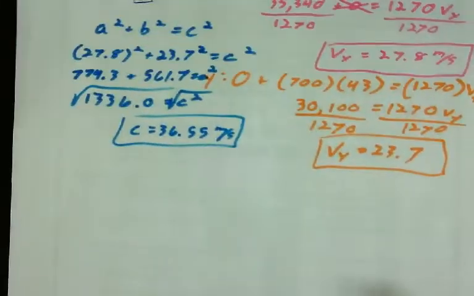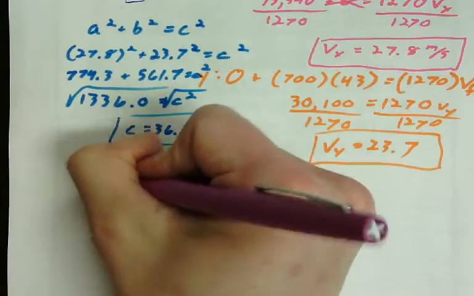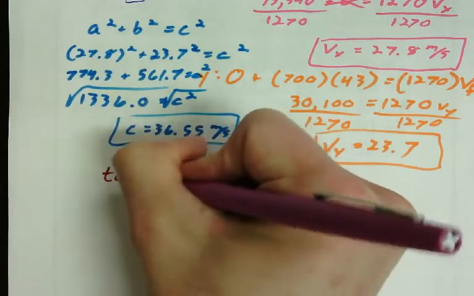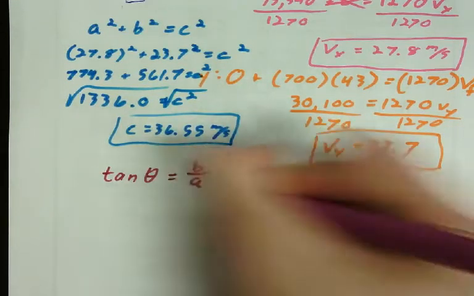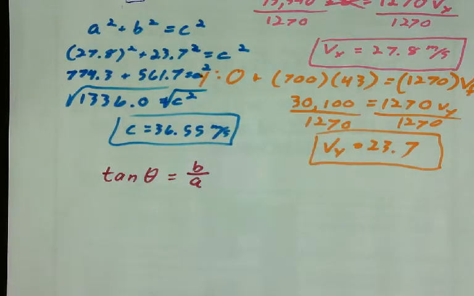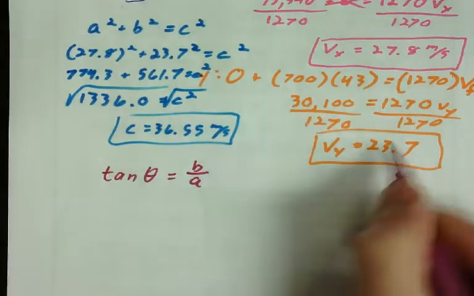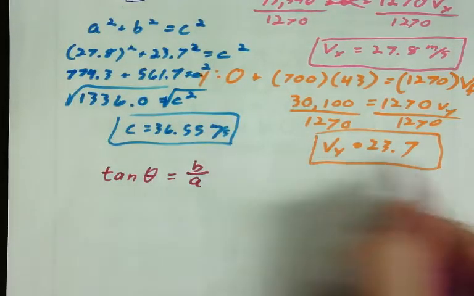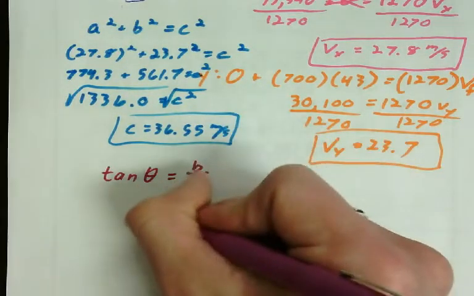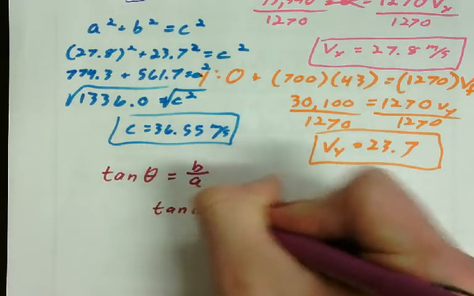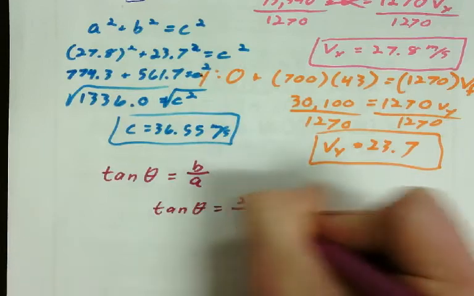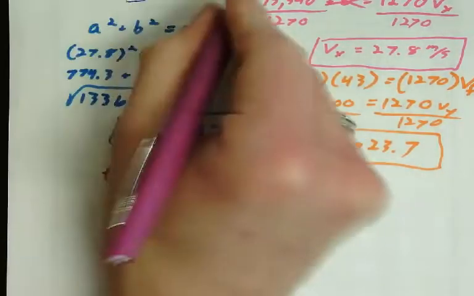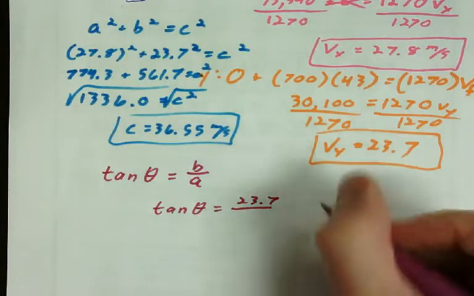You're using tangent. So tangent theta equals b over a. The b value is your up and down value, which is 23.7. Your a value is your side-to-side value, which is your 27.8.